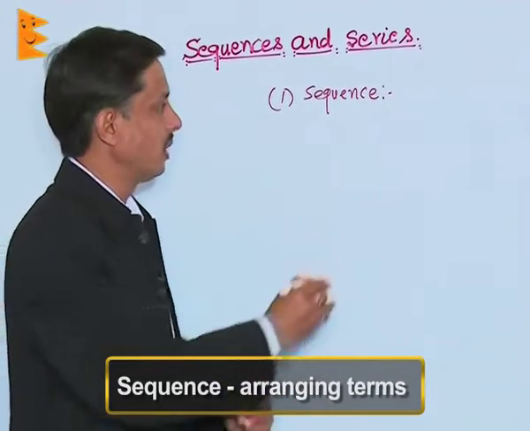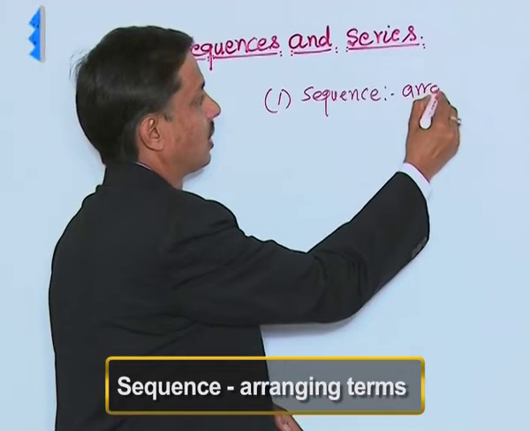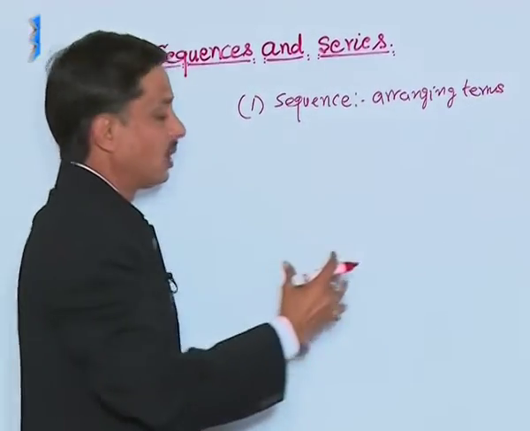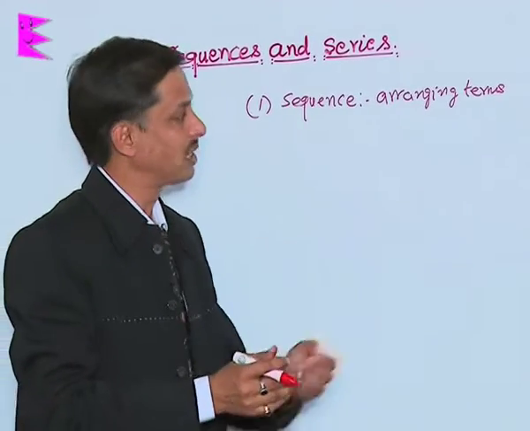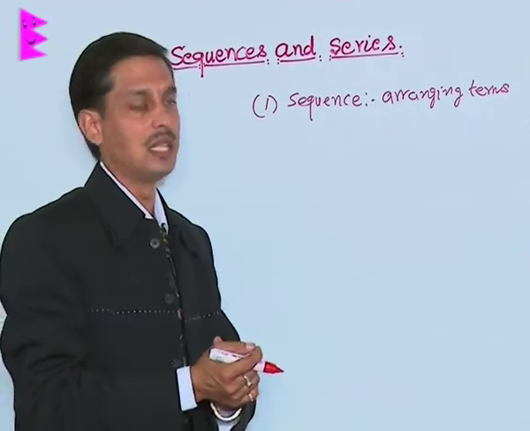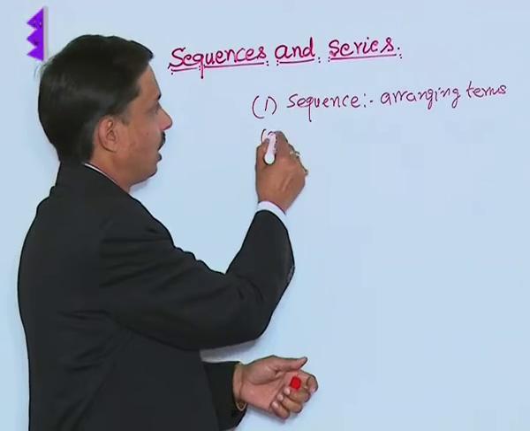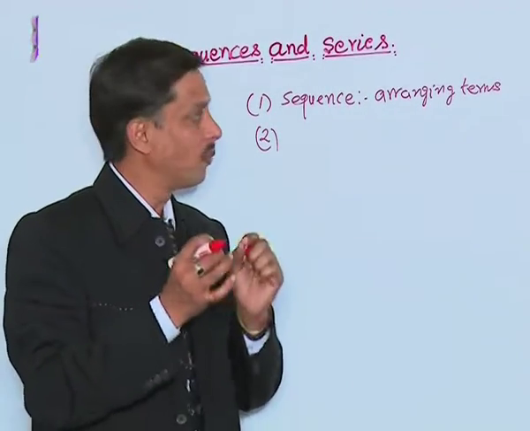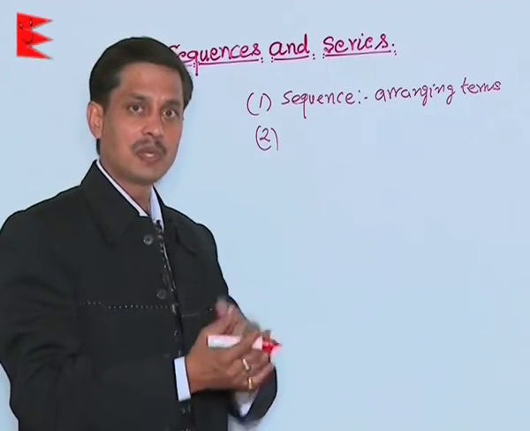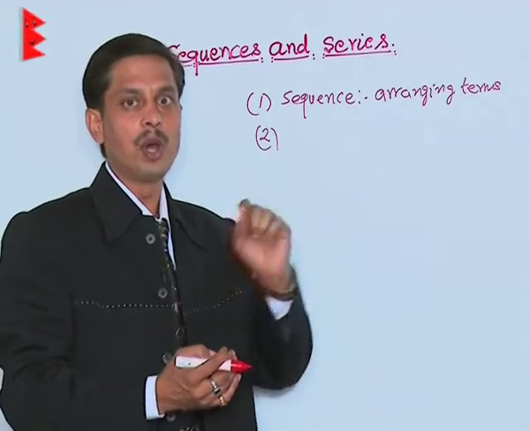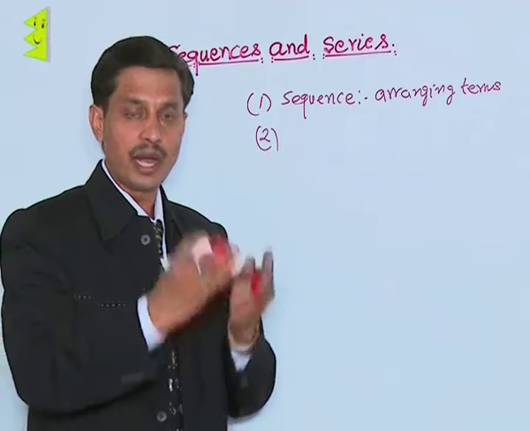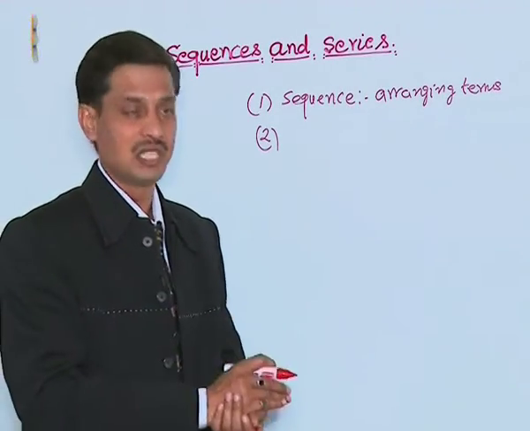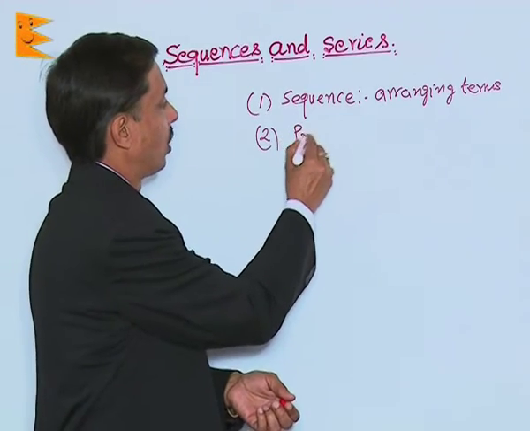A sequence is arranging the numbers, arranging the terms. So arranging the terms with some specification is known as a sequence. But if this specification of arrangement makes some formula, develops some result, with the help of which we are able to identify a few more terms, or a few terms may be missing, that is known as a progression.